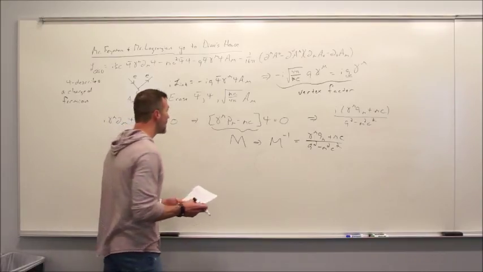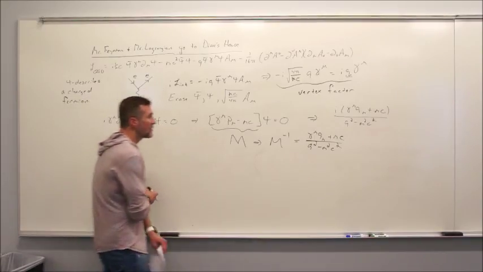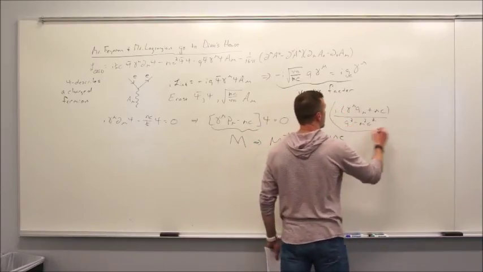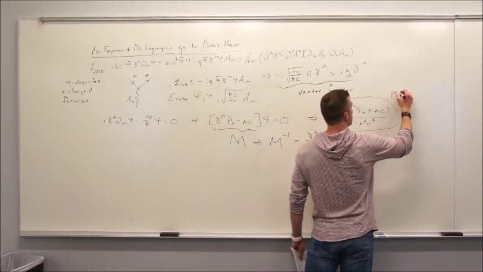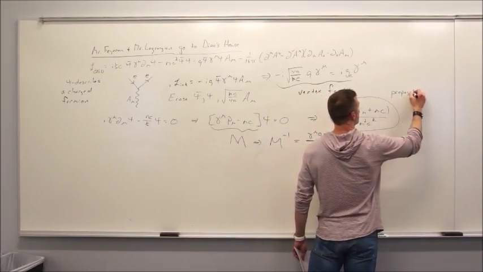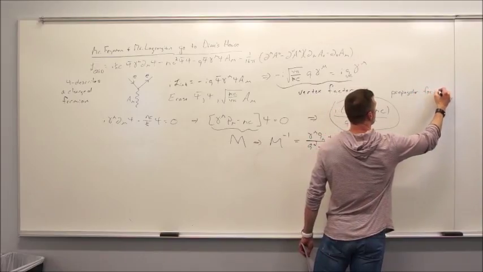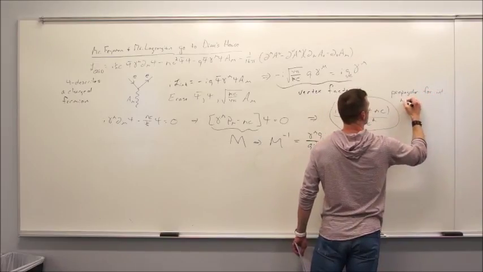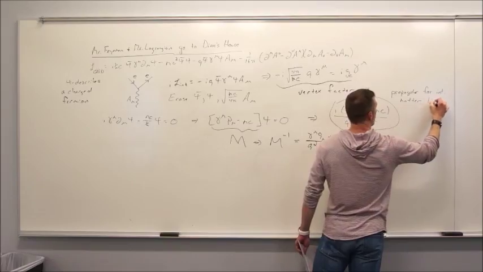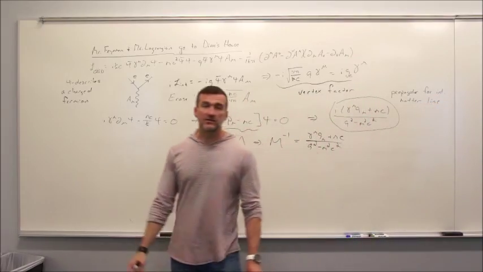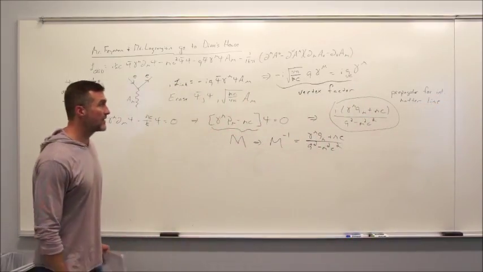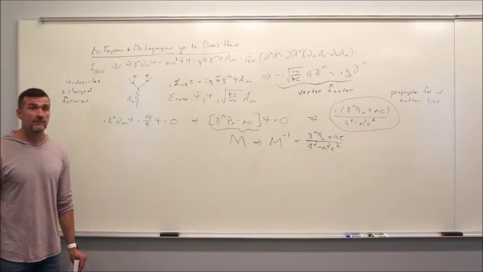Invert that. Okay, now, so here we go. We've got one propagator. But that's unfortunately not the end of the story because we know that there are going to be internal photon lines.